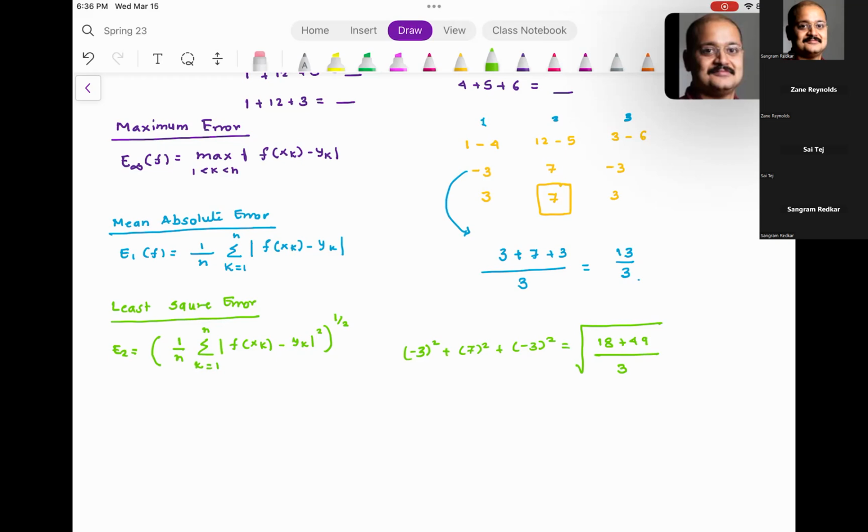So the answers are approximately one and the same. The problem comes when we have the data that is ill-conditioned, when we have some outliers, then the system won't behave properly. And the results that you are going to get, it's not going to be accurate.